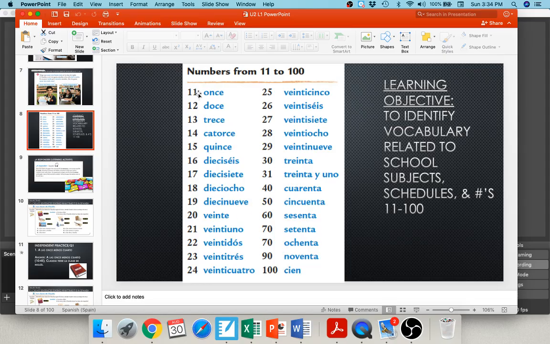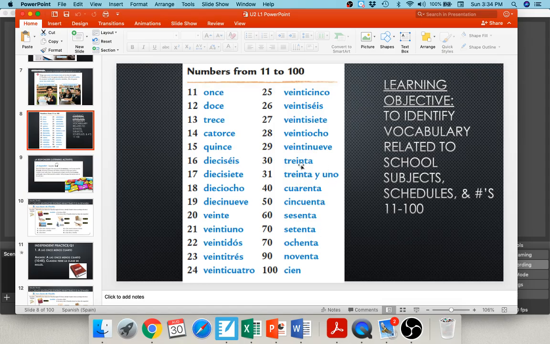So memorize 11 through 15. 16 through 19, you're writing with an I. 21 through 29, you're writing with an I. All the others, in order to say 31 or 41 or 65, you're writing with the Y to say and.